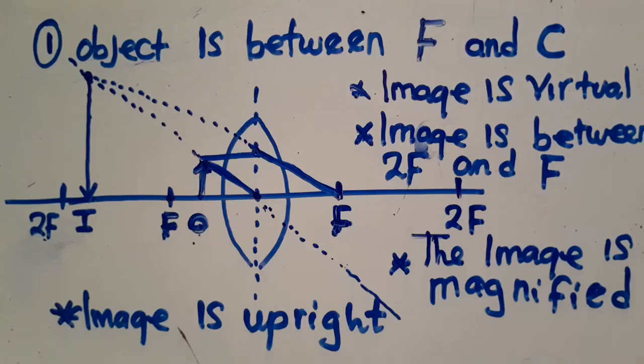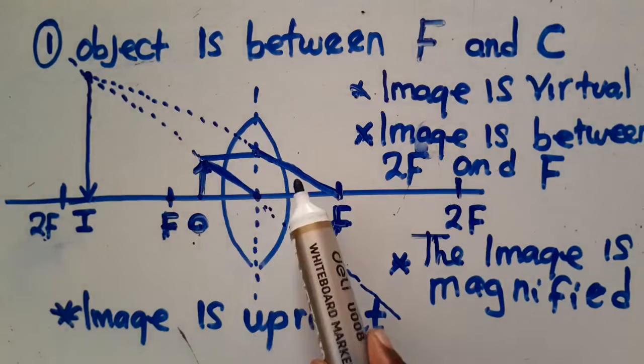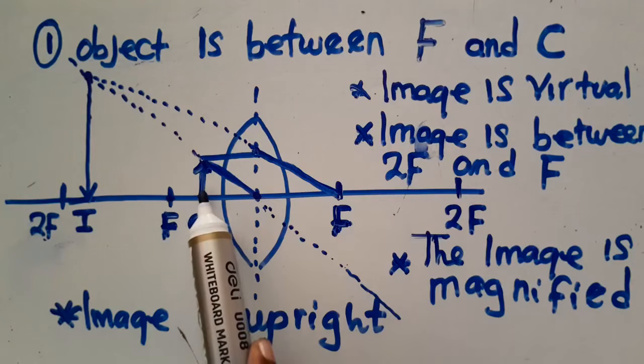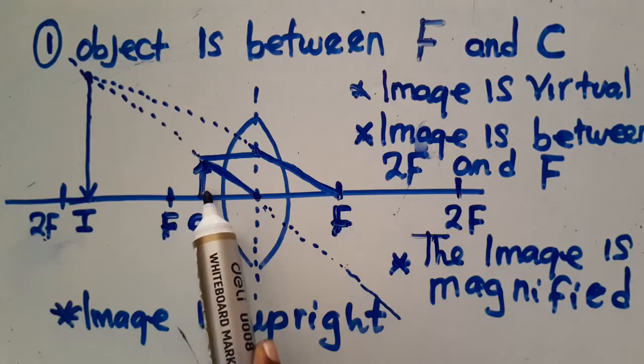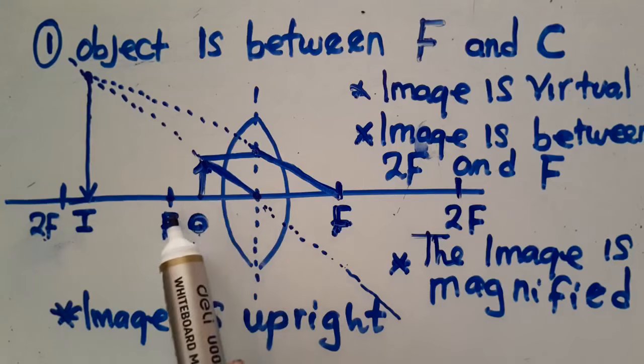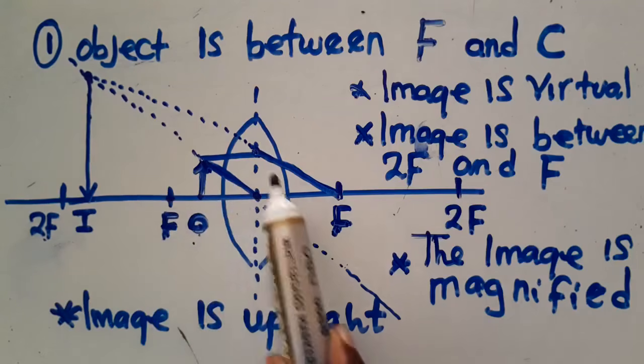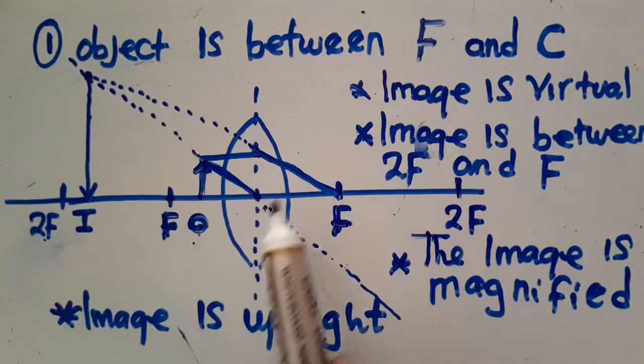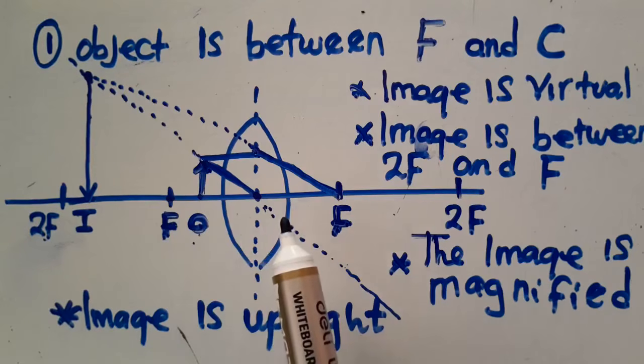On the other hand, when an object is placed between the lens and the focal point, so the lens is here and the focal point, we've got the object there which is placed between the focal point and the lens. So between the focal point and the lens, a virtual upright image is formed.